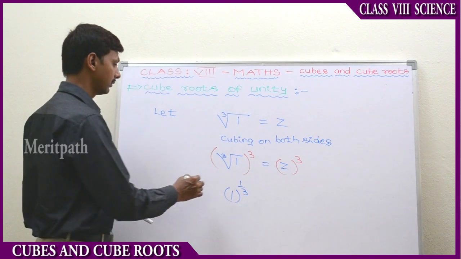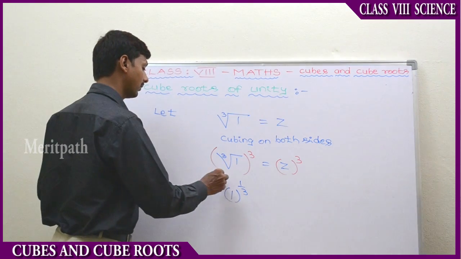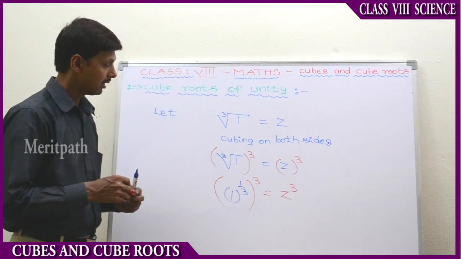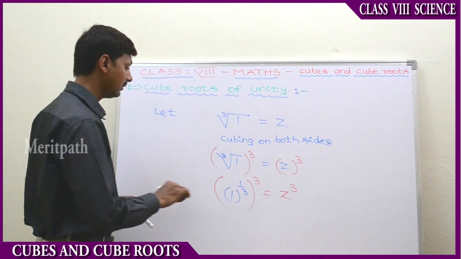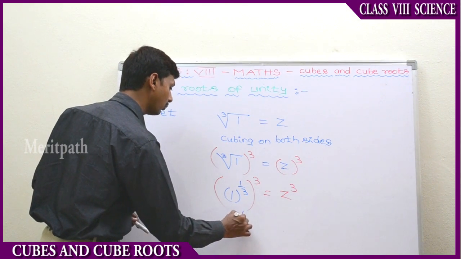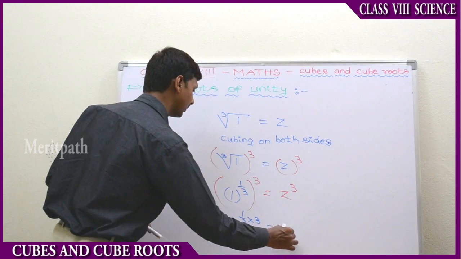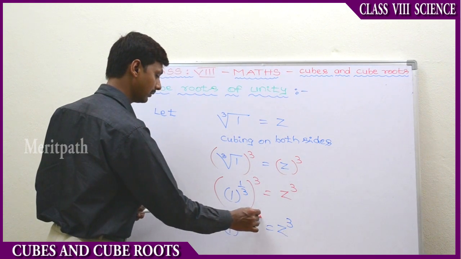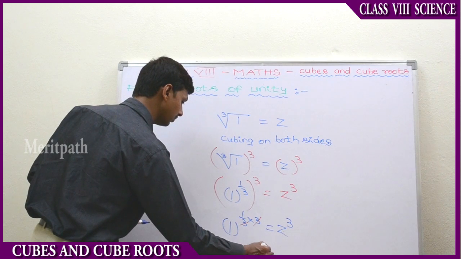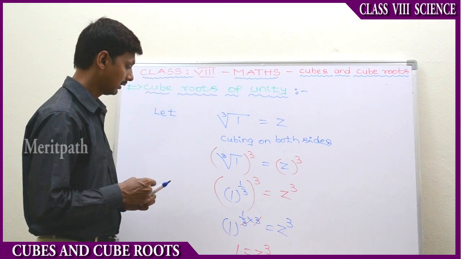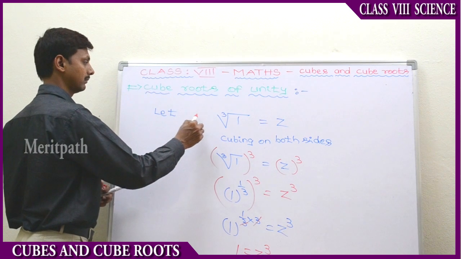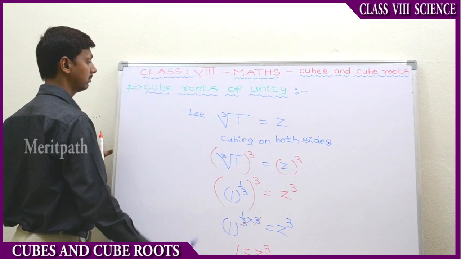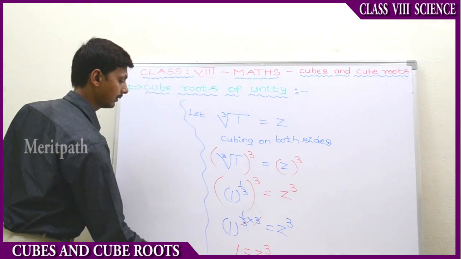So it's in the form of a power m whole power n: 1 to the power of 1 by 3 into 3, that is equals to z cube. When we cancel 3 and 3, we get 1. So 1 is equal to z cube, so z cube is equal to 1.